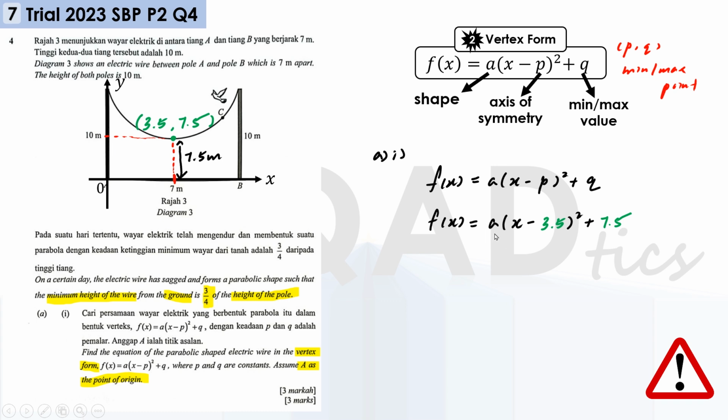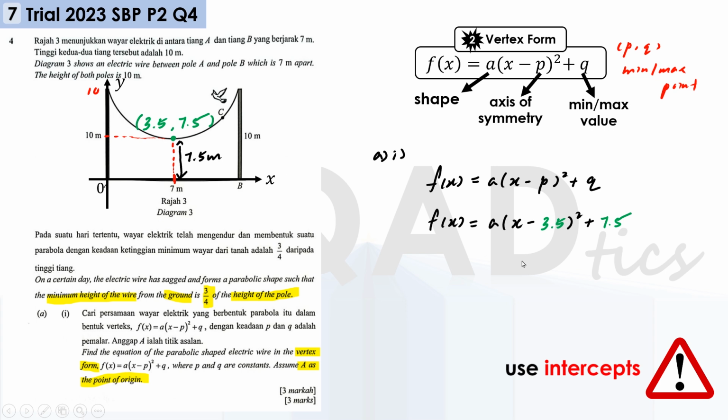So what we can do is find a point from this diagram, because here we can plug in the x coordinate and the y coordinate of that point. Here, I will use the intercepts. For example, this one: I take the height of the pole, which is 10 meters, so the y-intercept would be 10.